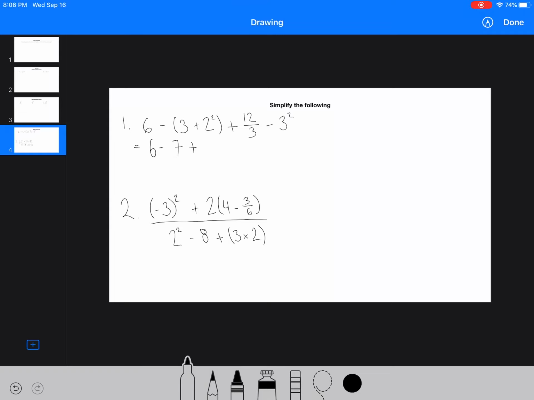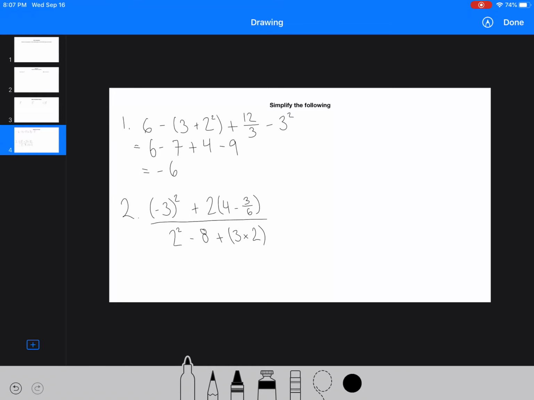So we've got 6 plus 7. And now I've got 12 divided by 3, well, that's 4. And then I can do minus 9. Now I can put all that together: 6 minus 7 is negative 1, plus 4 is positive 3, minus 9 is negative 6.